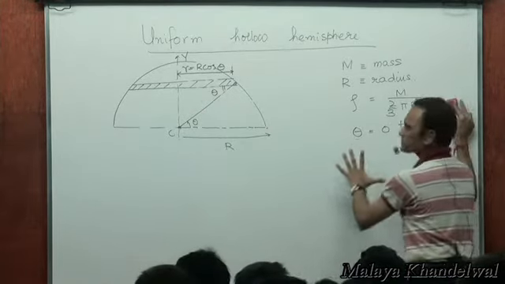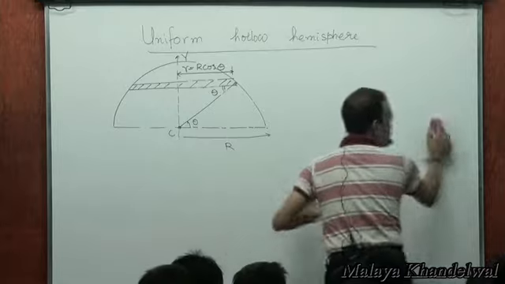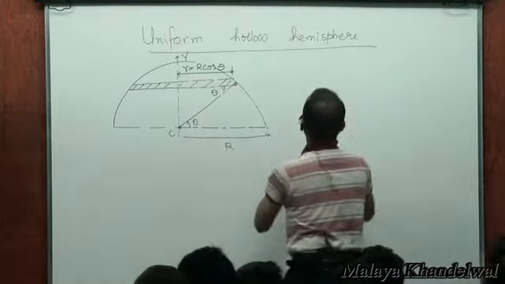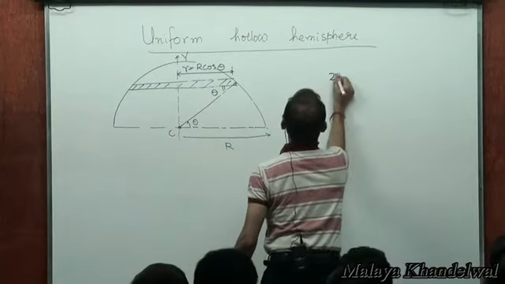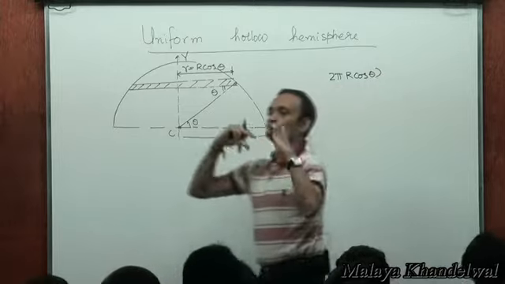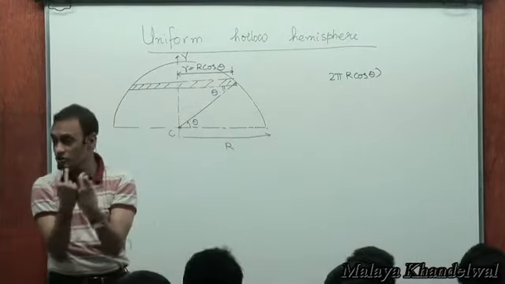The circumference of this shaded portion, the circumference of this ring, is going to be 2 pi r cos theta. 2 pi r cos theta is the circumference of this ring.